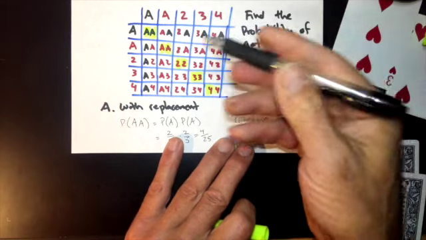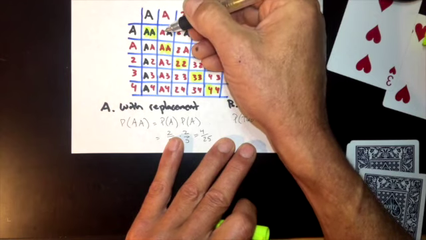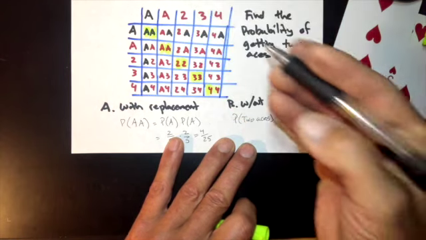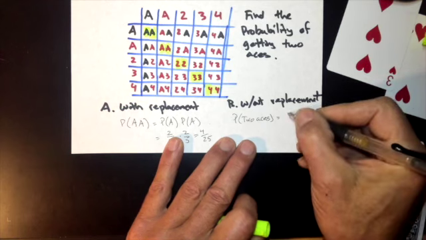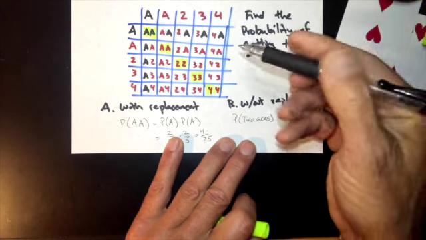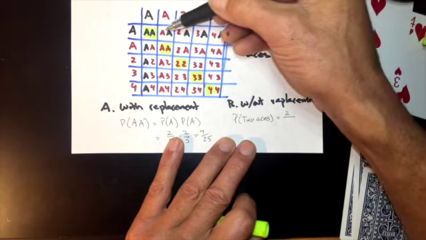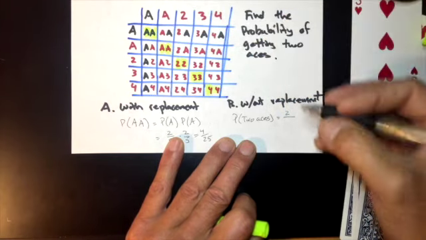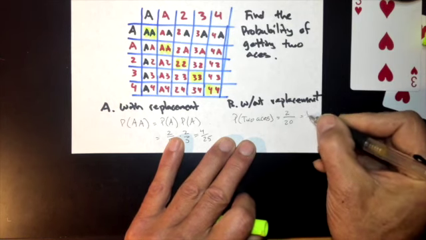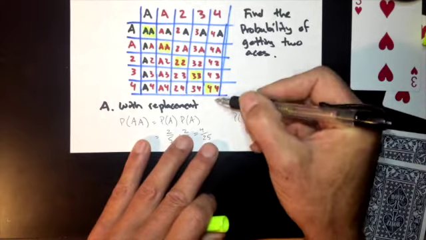We have a red ace on the first card and a black ace on the second card, and vice versa. So we have 2 possible cases where we have 2 aces. If we count up the rest of them, there's 4 in each row times 5, there's 20. So 2 out of 20, which is 1/10. So this probability definitely changed, okay?